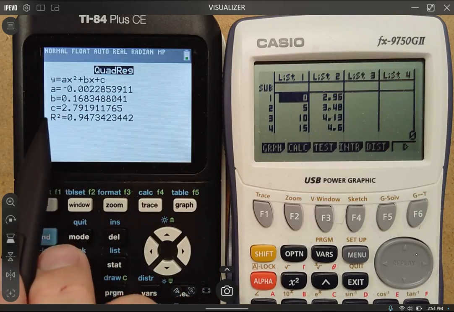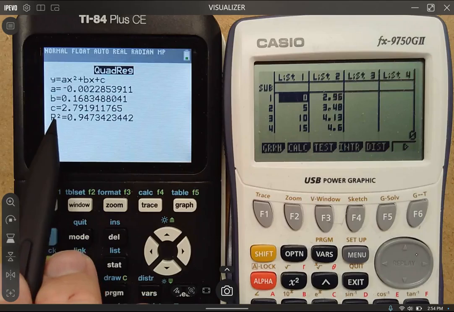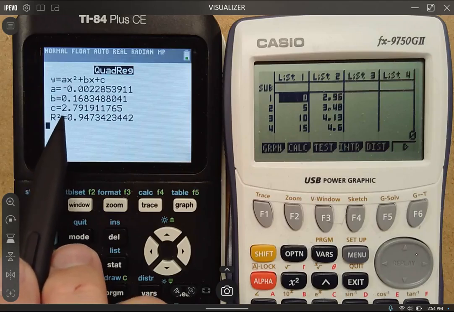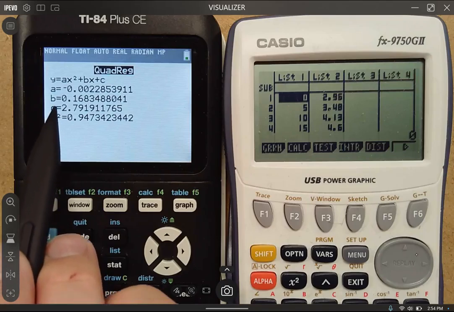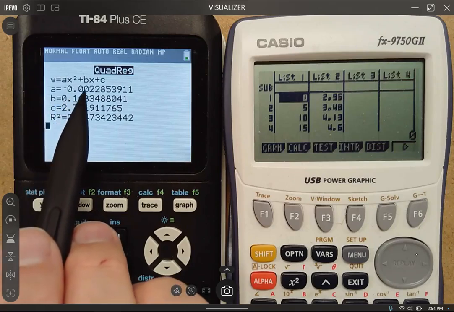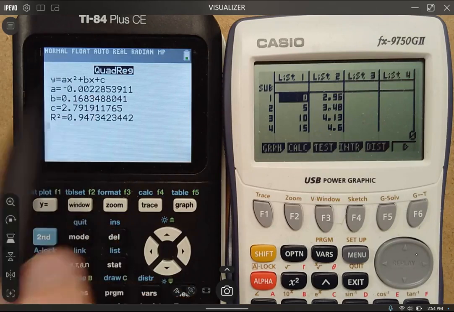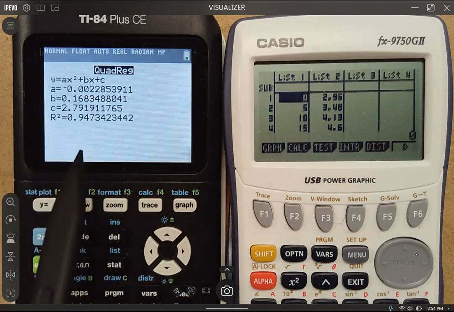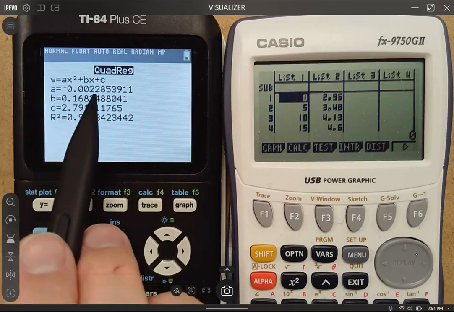We'll talk about what that means later in the course. Right now, if you have it, you can ignore it. If you don't have it, you don't need to worry about it. All we need is the A, the B, and the C for our regression equation. When you write it down, you want to give 3 decimal places. When you write it into a test, quiz, or your homework, give me 3 decimal places.